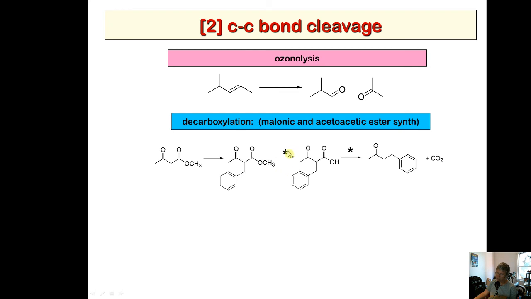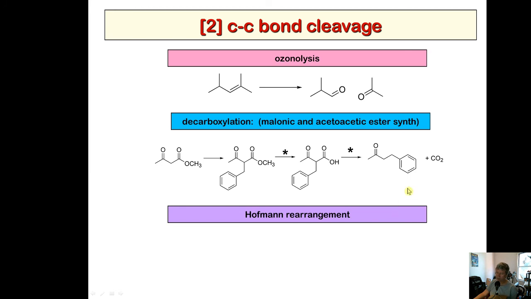Usually, acid and heat causes the hydrolysis of this ester, and then you go from a beta keto ester to a beta keto acid. The beta keto acid is unstable, loses CO2, and you get a ketone. So this falls off, and the end result is now you just have a ketone with a 4 carbon chain, and then the benzene and CO2.